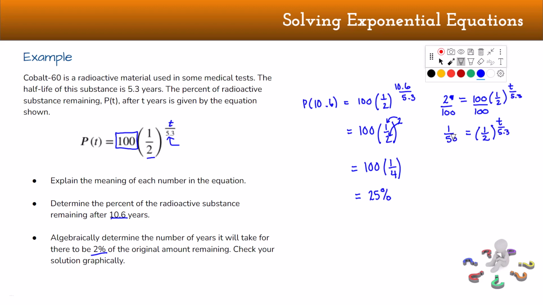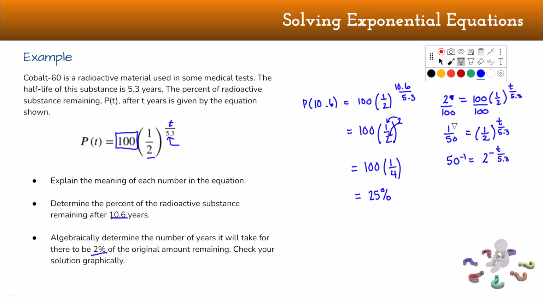This is 50 to the negative 1. And on this side, I'm going to bring that 2 up as well, which makes 2 to the negative 1. But now I have this t over 5.3, so that's going to be negative t over 5.3.